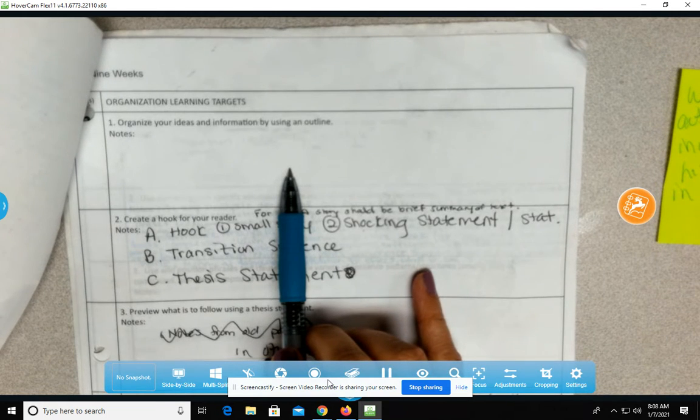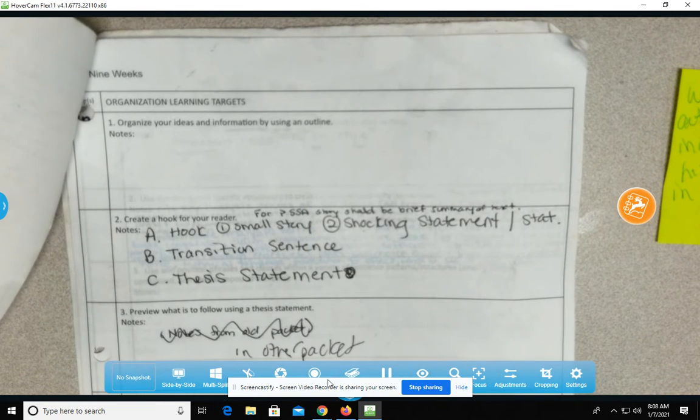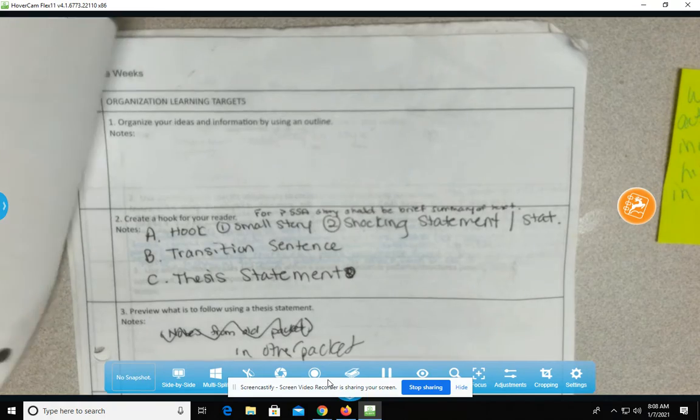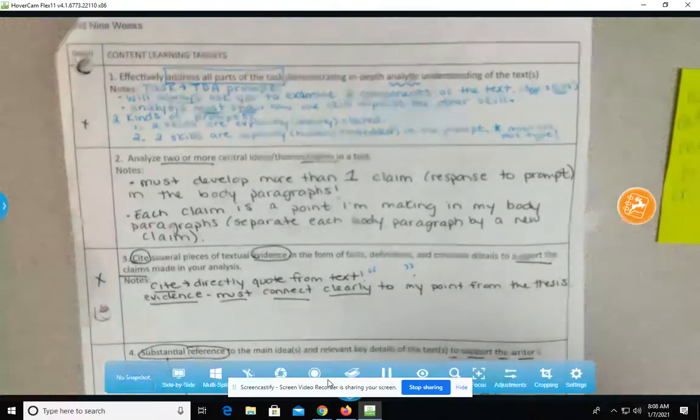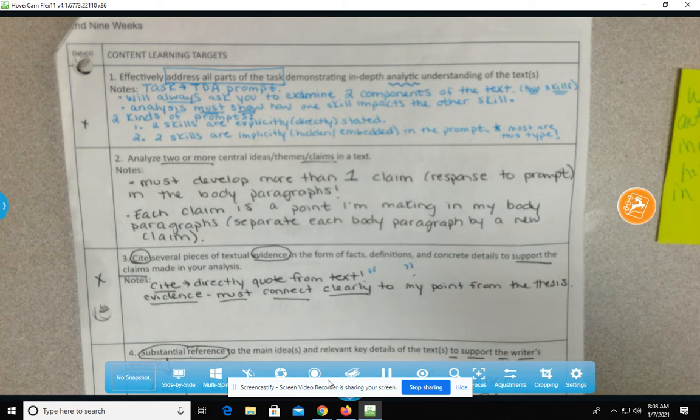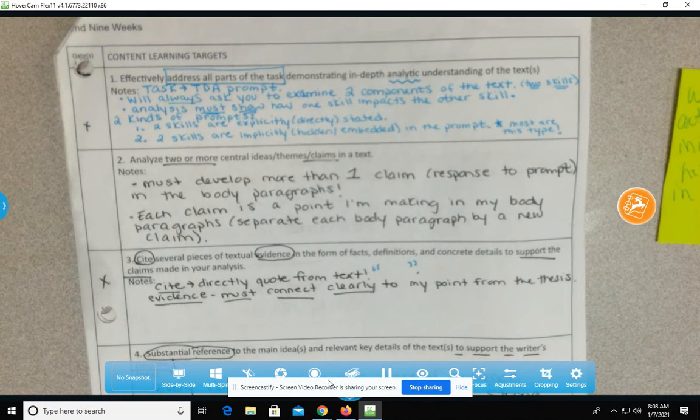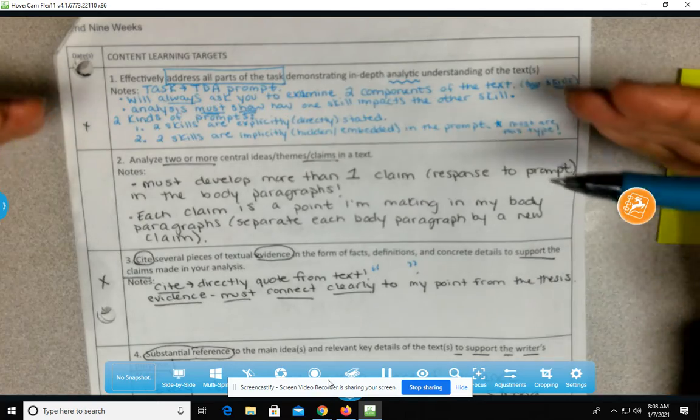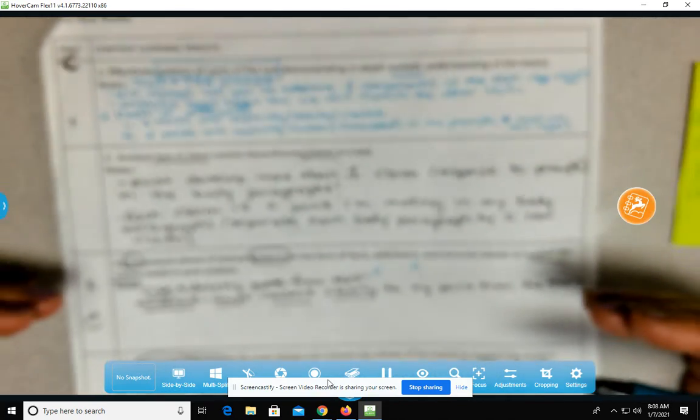That outline helps us to organize when we want to talk about each of the points we make in our thesis statement. And so that's just sort of the background of the process as we get into creating and determining our evidence.